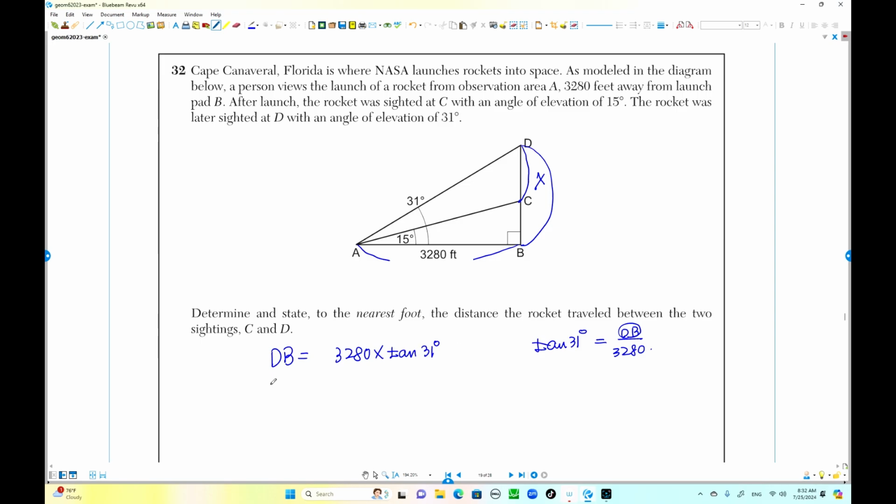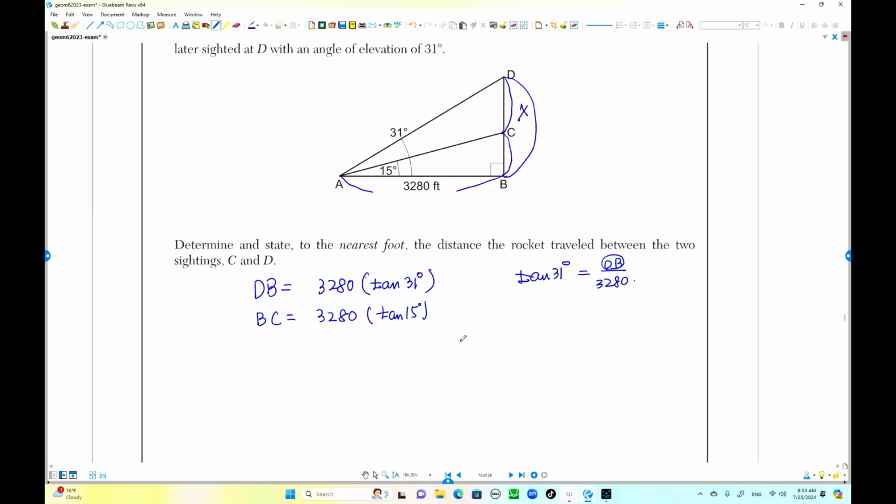Another one, same thing. Tangent 15 equals BC over 3280. So this side is BC, which equals 3280 times tangent 15 degrees. That is the length of BC. So x is the difference of these two: x equals DB minus BC.